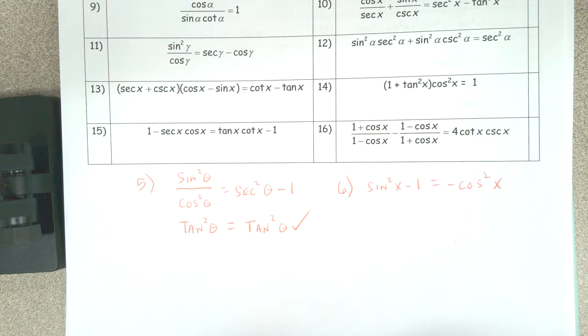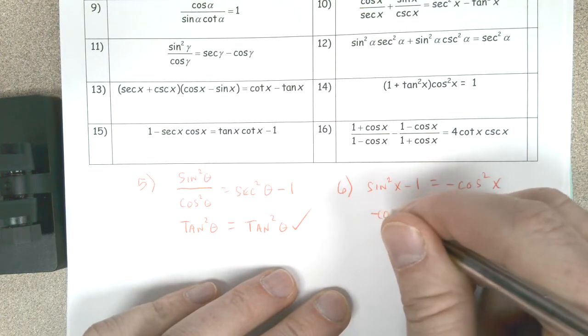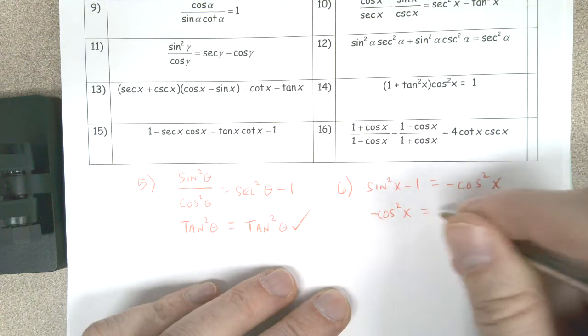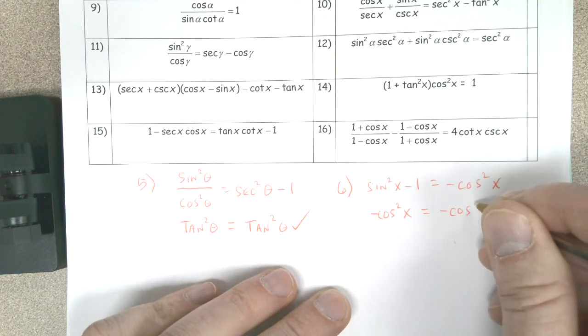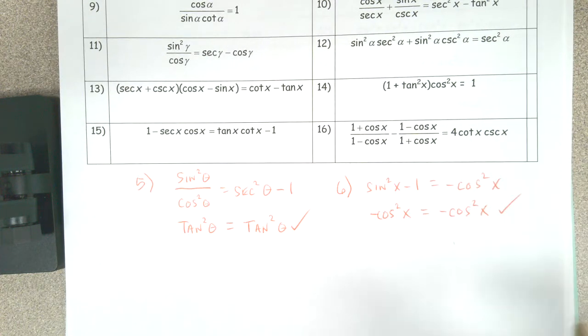And again, you have to manipulate on your green card. We know that sine squared x minus 1 would be the same thing as negative cosine squared x. Well, it just so happens that's what we already have on the other side. So again, that was just a one-step simplification.